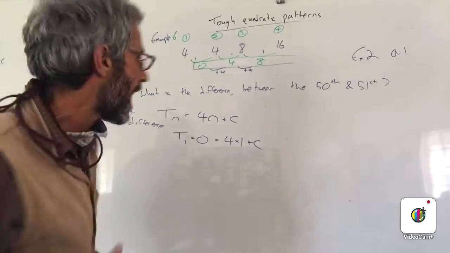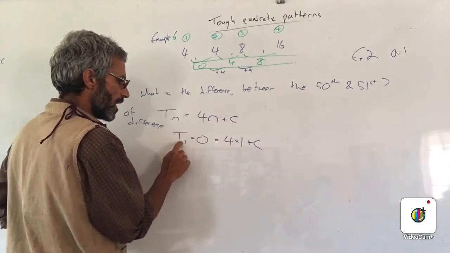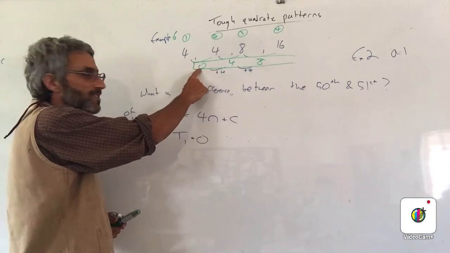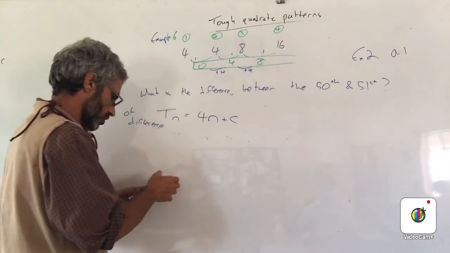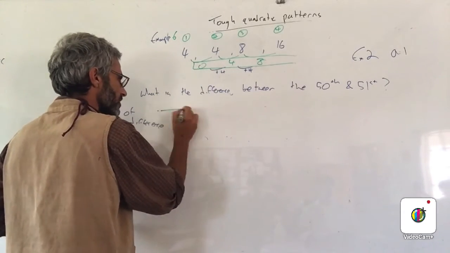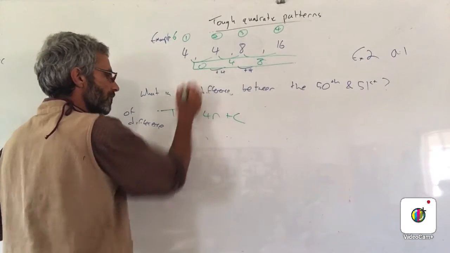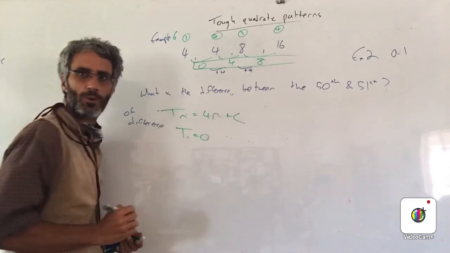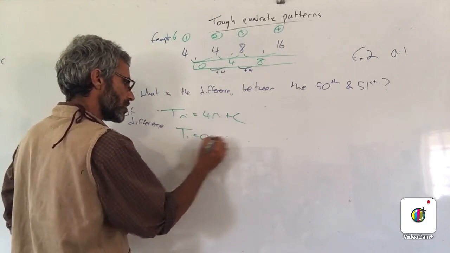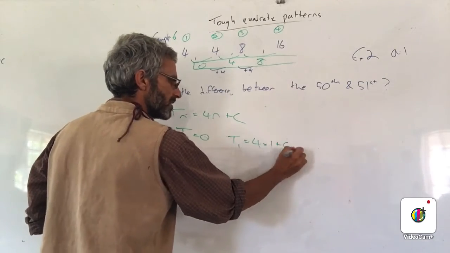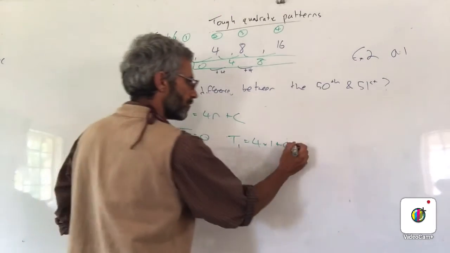How do we find c? I know that the first term in the differences is 0. Tn equals 4n plus c. But if I use this equation, I can also say that the first term is 4 times 1 plus c, in other words, 4 plus c.